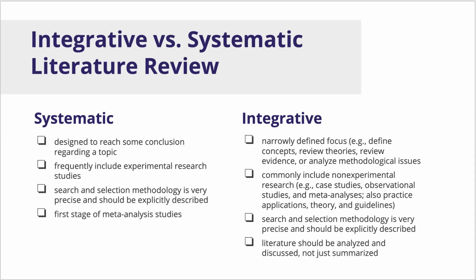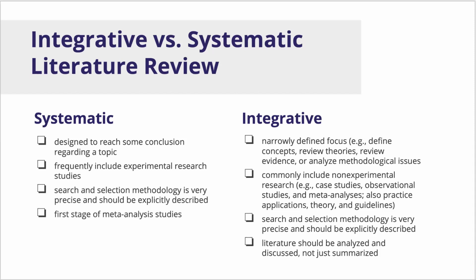And I mentioned that many systematic reviews do not delve into analysis of the literature in great detail. It's more, okay, summary, and then from that summary, we report on this.